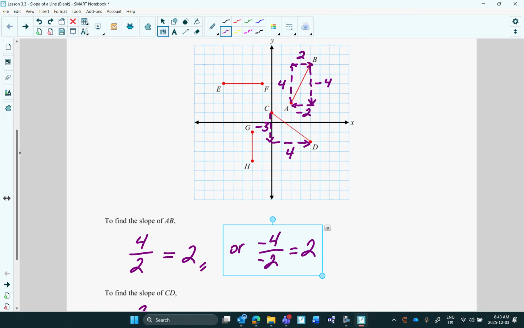What about EF? How much do I move vertically from E to F? Do I move up or down at all? No. So what number represents I don't move at all? 0. How much do I move horizontally? 4. So I move 0 vertically, 4 horizontally.